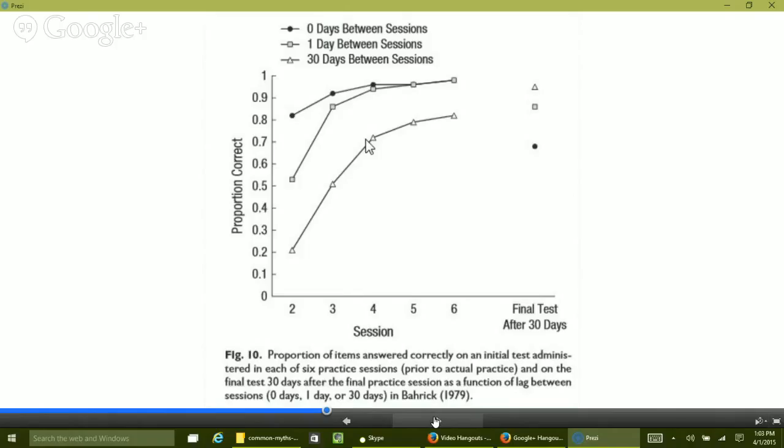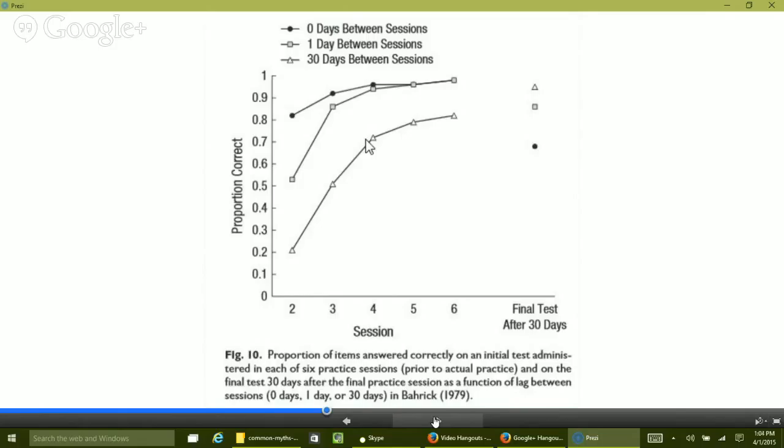But it started to get narrower and narrower as you went out 6 days beyond that. But then if you go out to 30 days after the last session, the students who took the classes 30 days apart by far did the best. So what happens basically in the short-term is that mass study, where you spend a lot of time cramming for something over a period of, say, 6 days and you're very immersed in it, does much better in terms of immediate recall.